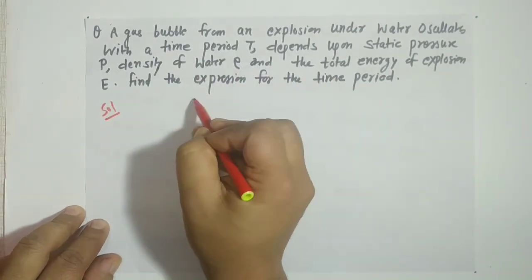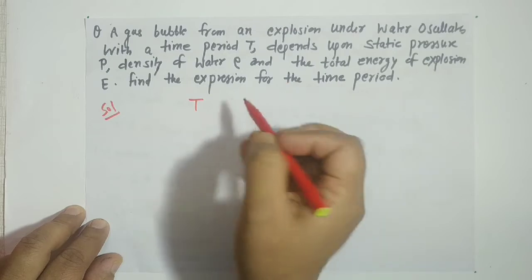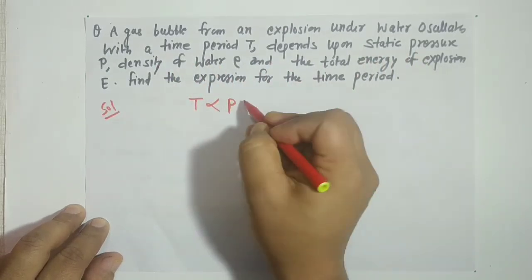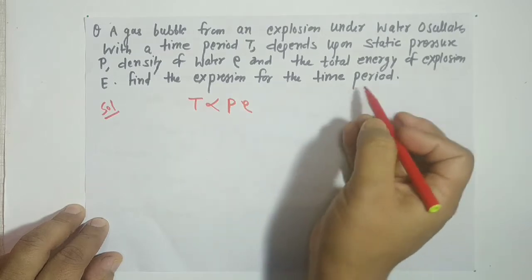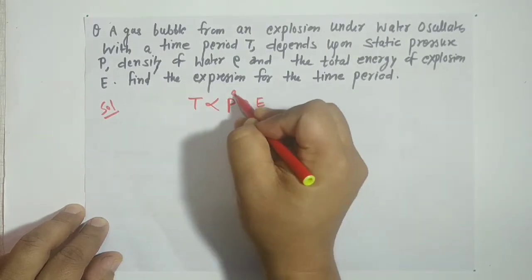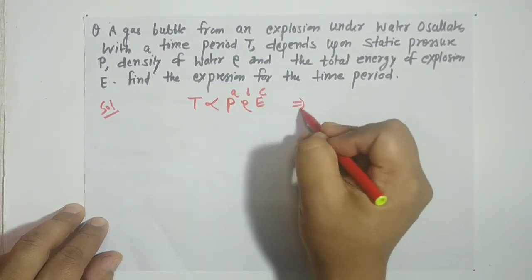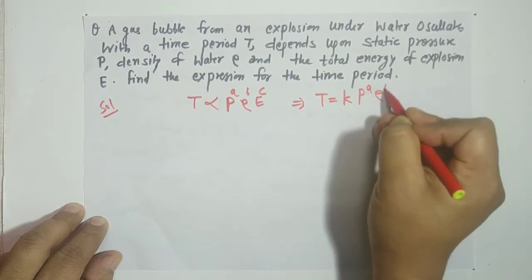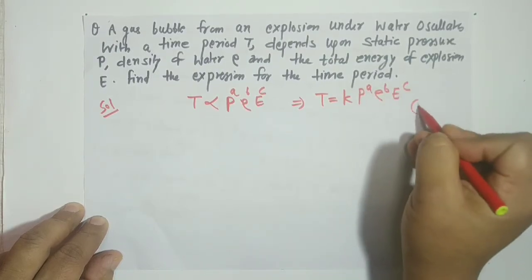How is it related? Time, which we have to calculate, is proportional to what? Pressure, density and energy. So powers A, B, C. And you know the next step is T = K P^a rho^b E^c. K is dimensionless, we all know.